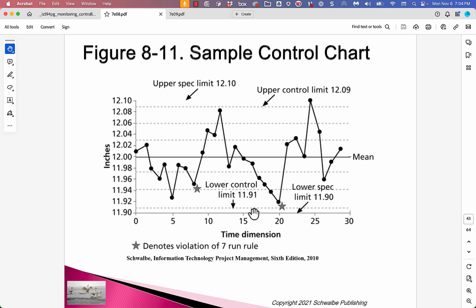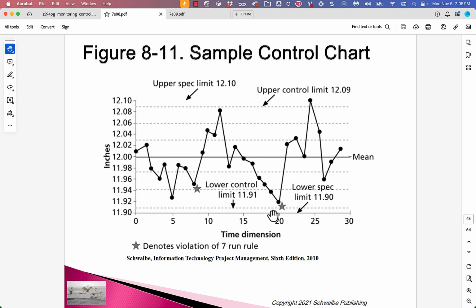This is a 7-run rule. So now we call these runs. We have 7 observations that are below the mean. Okay, and we also, like in here, we've got 7 observations that are below the mean.